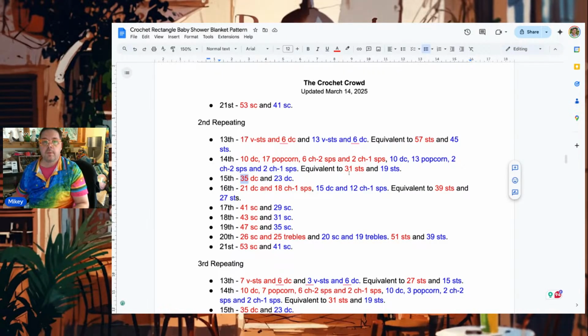Number 15. Oops. This is the equivalent to how many stitches? 61 and 49. 65 and 53. 69. 84.